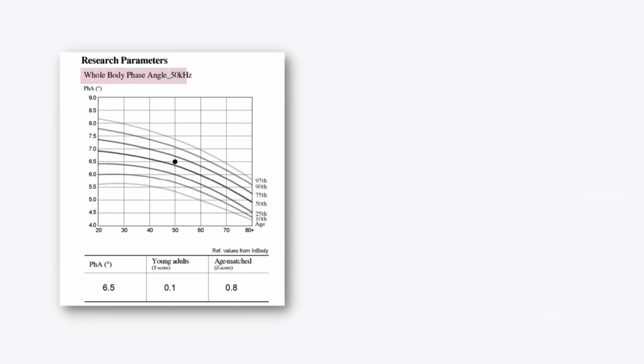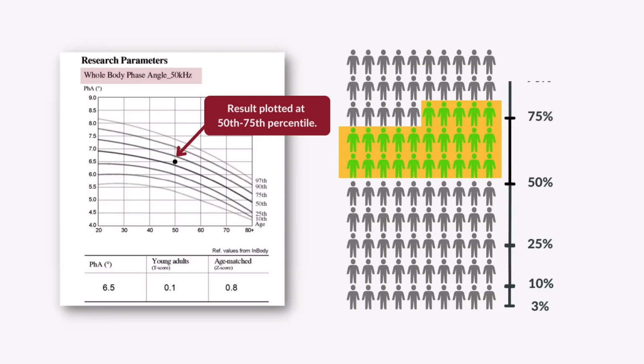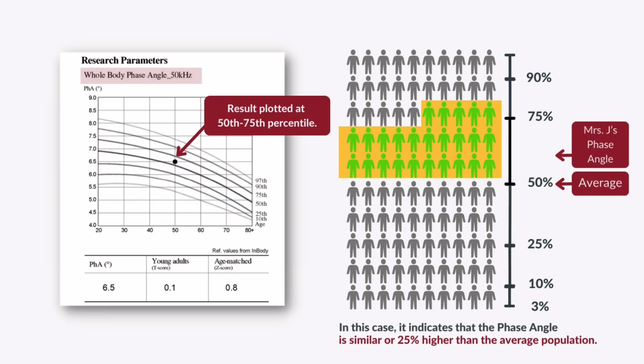Let's take a look at this percentile evaluation graph for whole body phase angle. As we can see, this person's phase angle is plotted between the 50 and 75 percentile. This indicates that the phase angle is similar to or better than 25% of the population. The higher your percentile, the more people you surpass in the population.